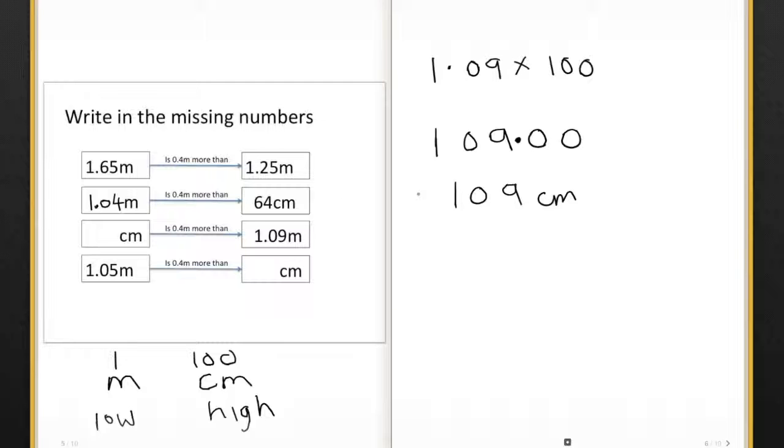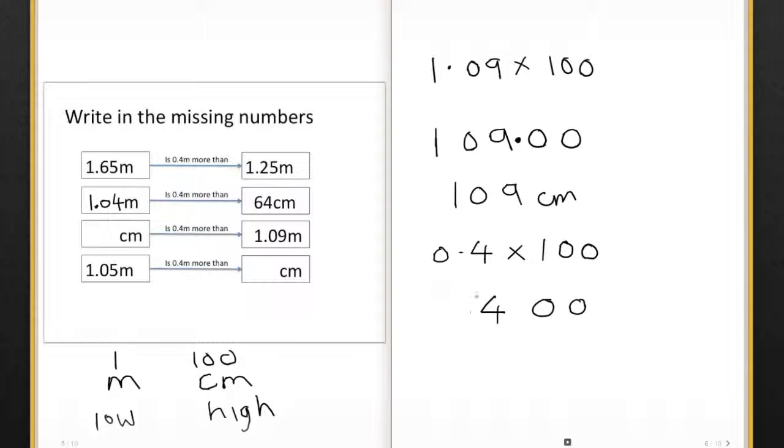Now, 0.4 metres, we're starting low and we need to go high. So we're going to do 0.4 times, because we're going from low to high, high to the right. So put some zeros on the right just in case we need them.